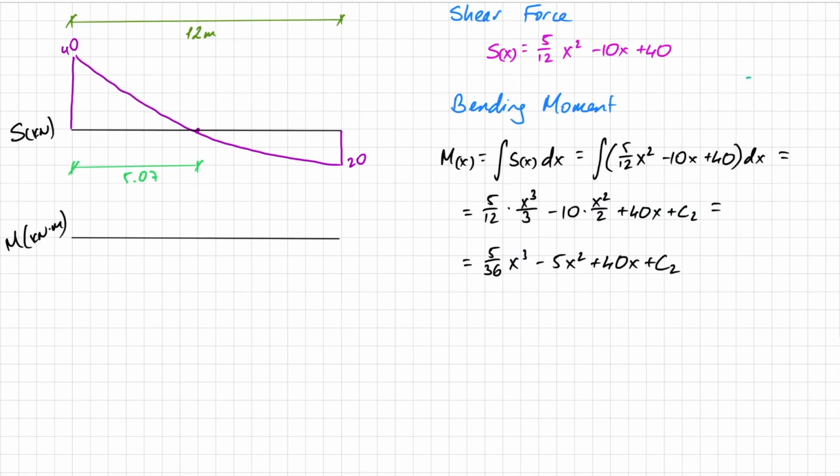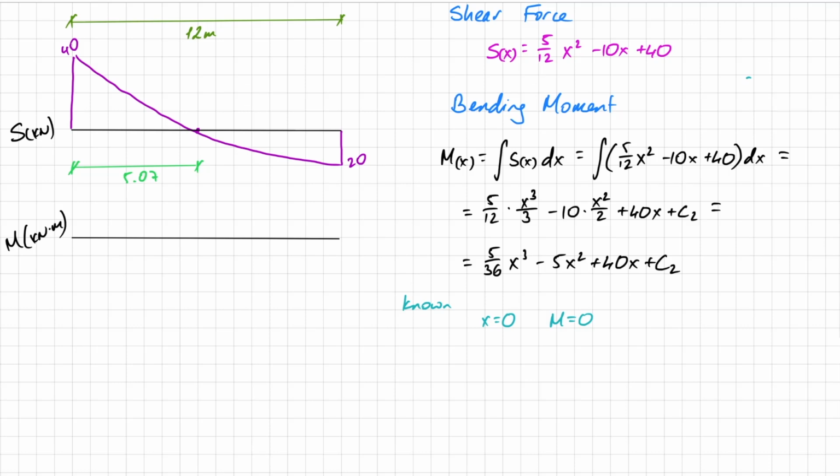Just like before, I do know some things. So what I know is that when x equals 0, the moment has to equal 0, right? Because that is a pin support at the start of the beam. The moment has to equal 0 because there isn't any resistance to bending.